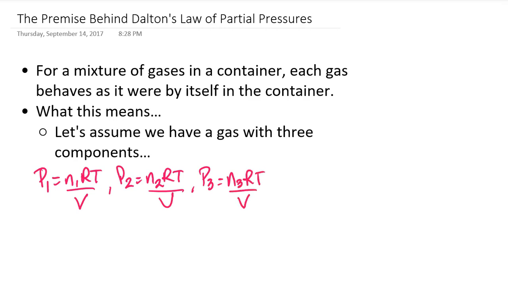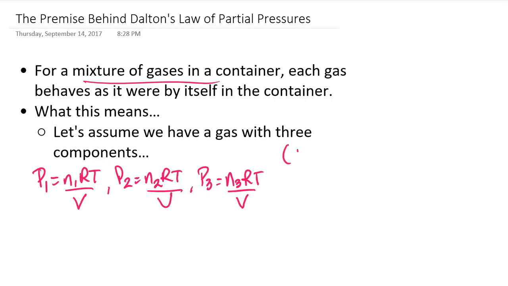RT over V. Now, it's important to note that if I have a mixture of gases, that mixture and all the components within the mixture share the same temperature, so the temperature would be constant. And if we're talking about a mixture, then all of the components share the same volume. So the temperature and the volume are the same as each other.